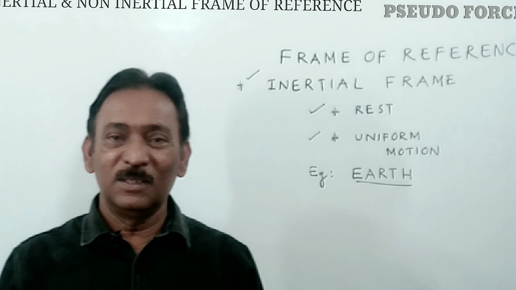But if we consider the motion of a body, the acceleration produced is quite negligible, so we neglect its value. When you compare the size of the Earth with us, it is negligible. That's why we consider Earth as an inertial frame of reference.